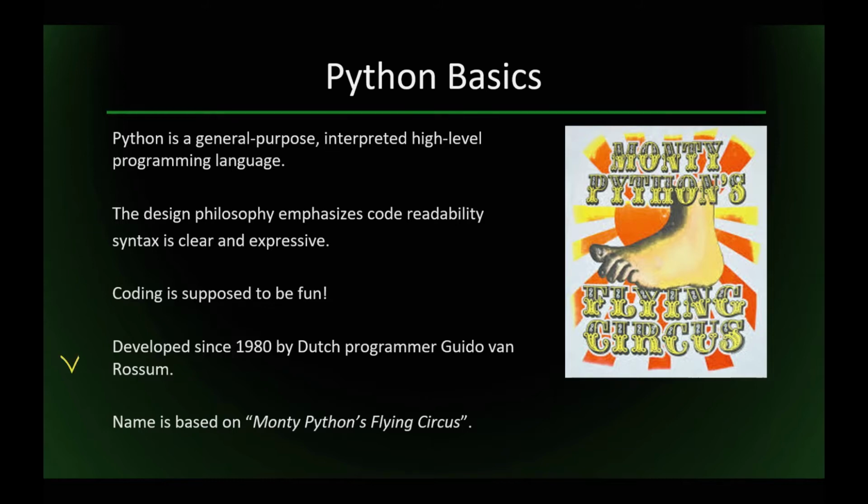The Dutch programmer Guido van Rossum had decided back already in the 1980s that coding is supposed to be fun. In those days, there were a number of coding languages that were just a really nightmare in terms of syntax and organization and what they could achieve.